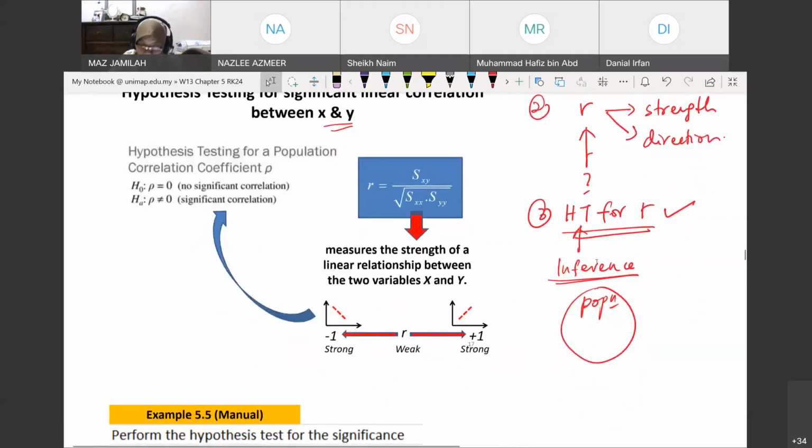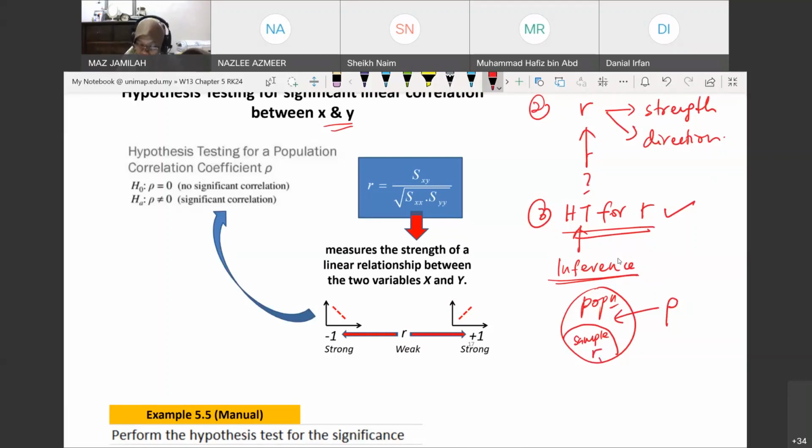We are not going to use the data from our population, but we are going to focus on our sample to help us make the decision for our population. So for your population, the notation of your correlation is rho, and your sample correlation is R.